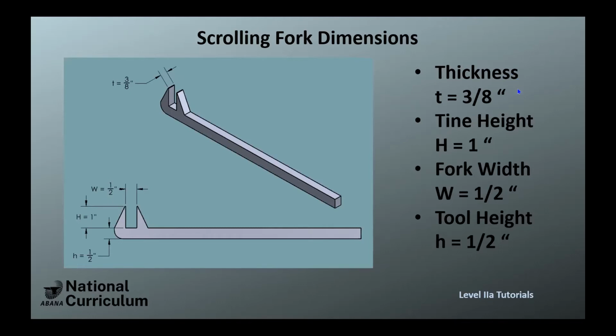The scrolling fork dimensions: we're going to be using 3/8 stock that starts out as 1 inch thick, and we're shooting for a 1 inch tine length. For this demonstration, I'm doing a 1/2 inch, which was probably a bad choice in retrospect because it's a little tricky to get that bend real tight.